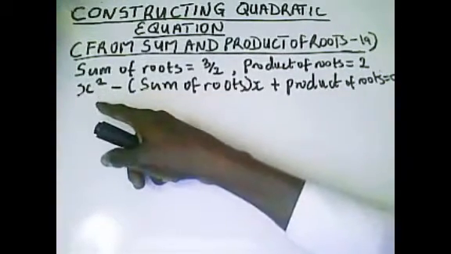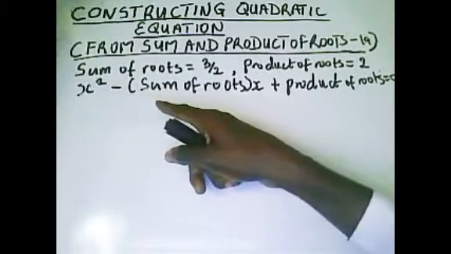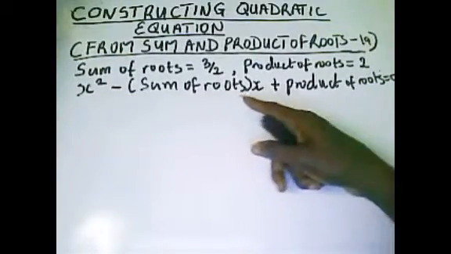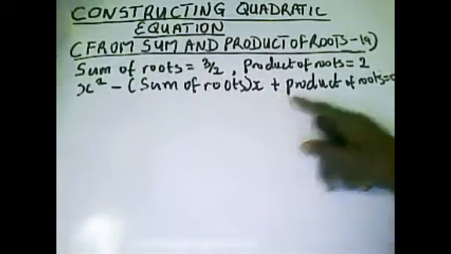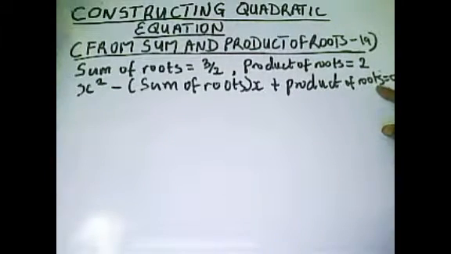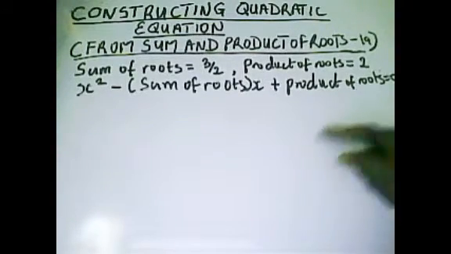Now on the board, we have x squared minus sum of roots of x, then plus product of roots, and that equals to 0. Now what we are going to do here is this.